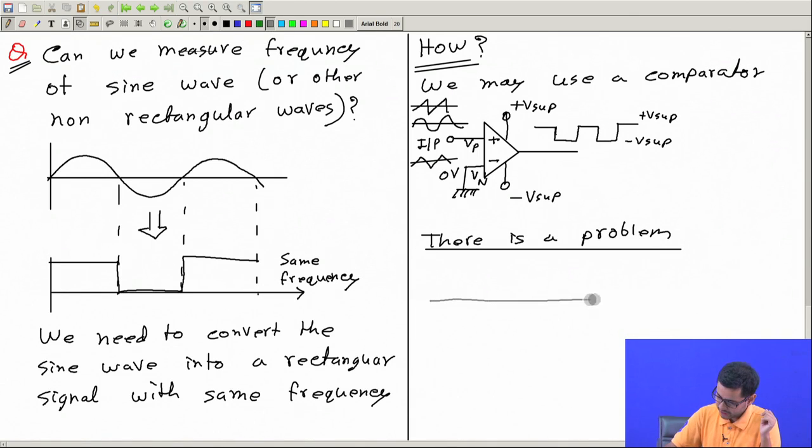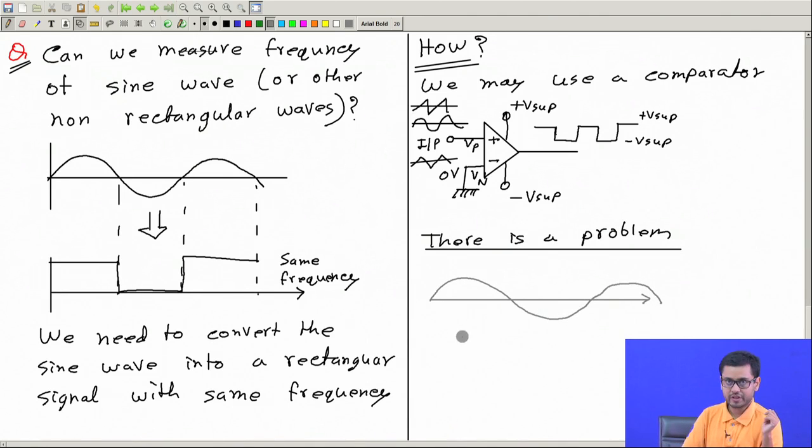Say this is our sine wave. This is a perfect sine wave, although my drawing is not perfect. But now say there is some small noise added to the signal, which is making it like this.